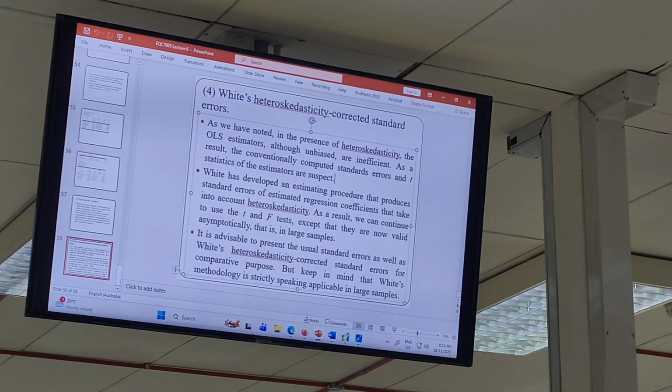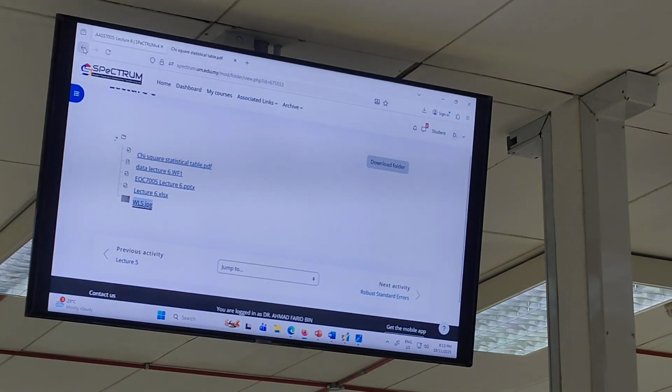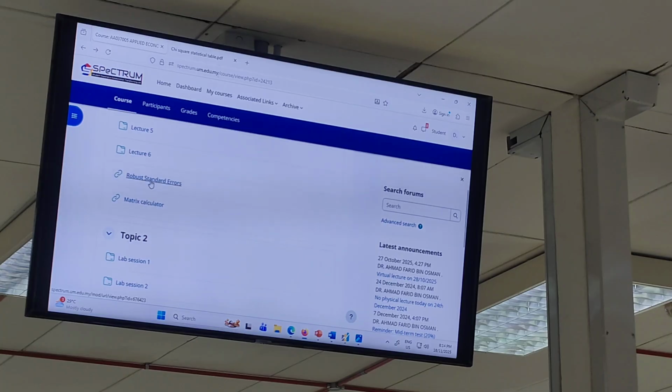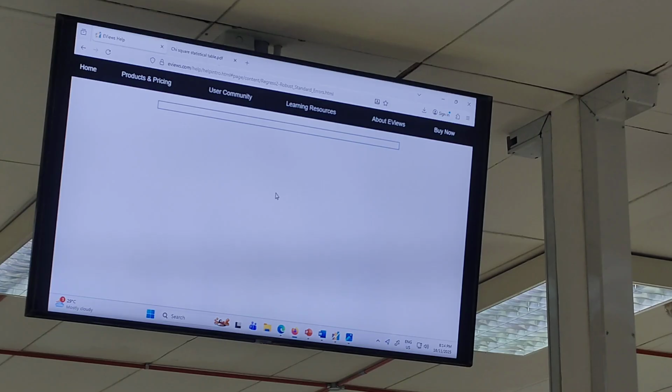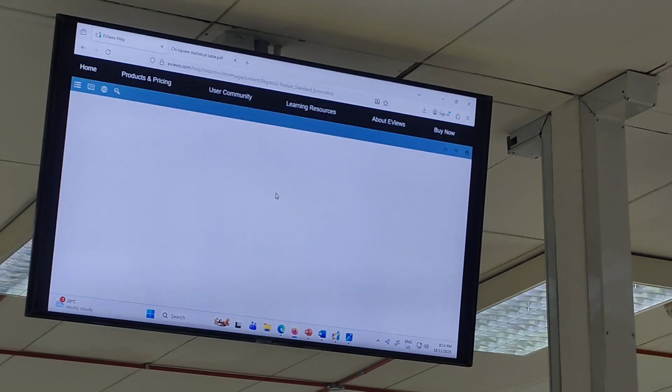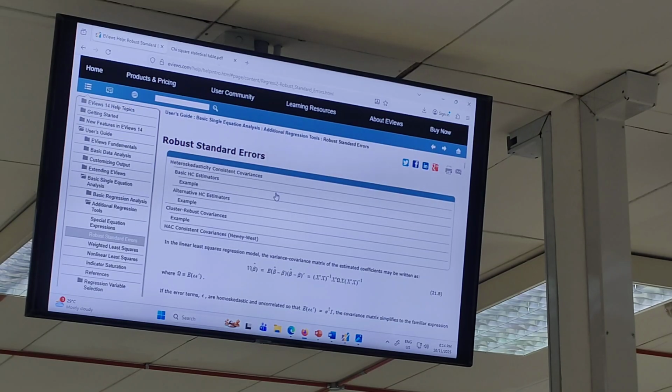So if you read the notes given, the robust standard error corrects the estimate of the standard error. It is robust to the influence of heteroscedastic error variance, but it does not change the estimate of the parameters, because we know that the parameter estimators are still unbiased. The problem is with the standard error.